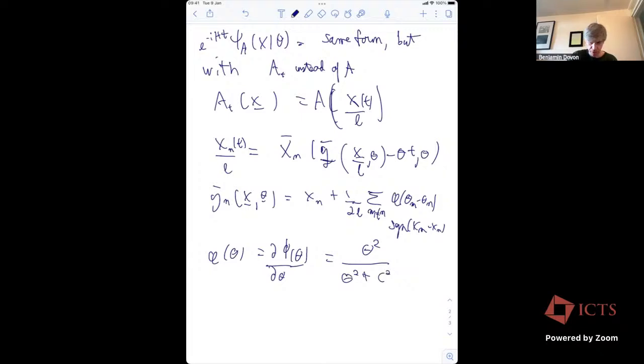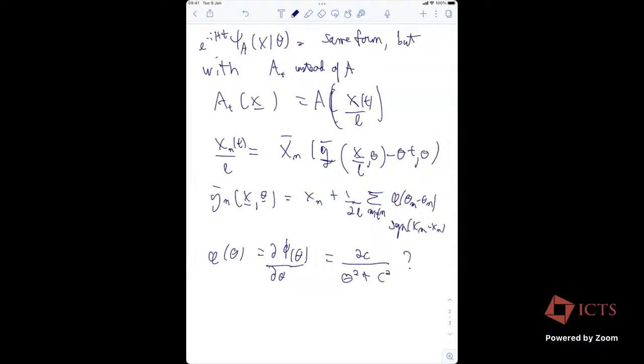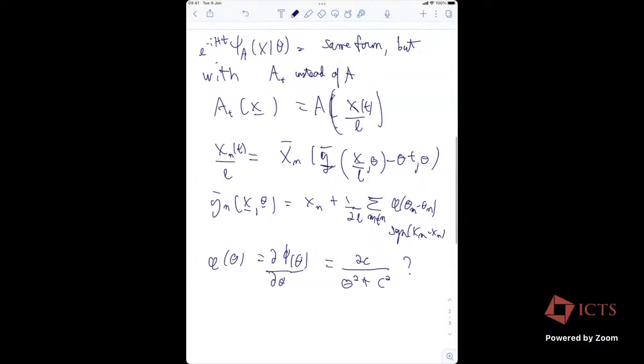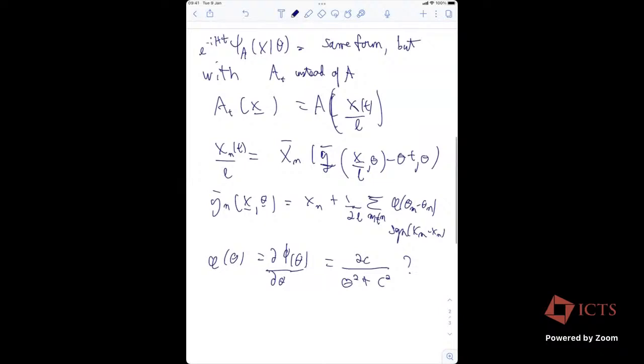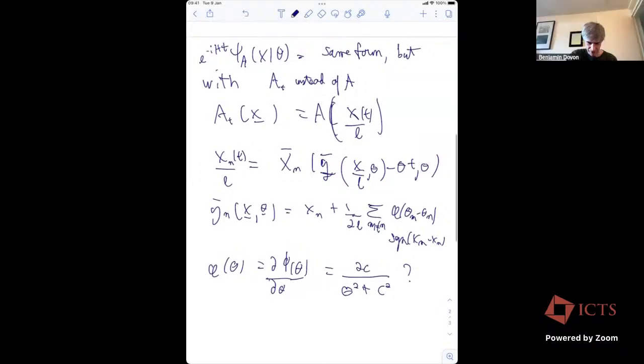I don't remember, probably c, 2c, but something like that. A rational function of theta square. Yes, it comes from the derivative of the arctan. You can do it on Mathematica and tell me what it is. Yeah, that's correct.